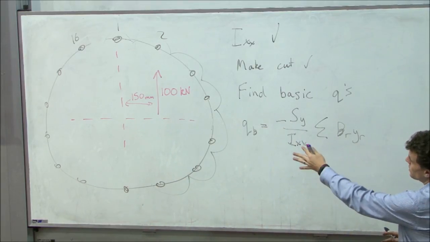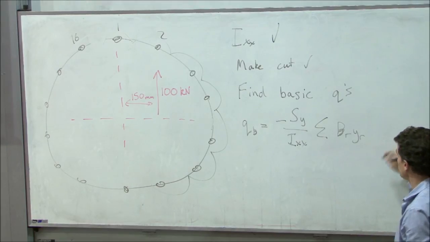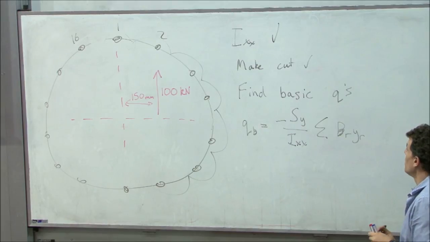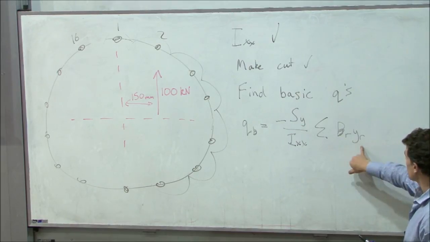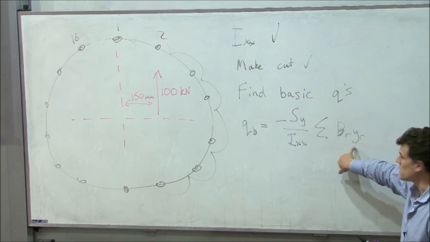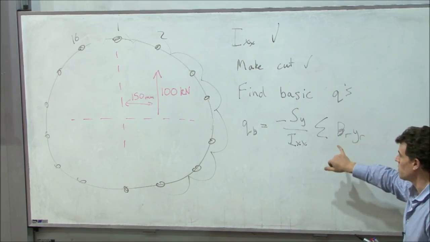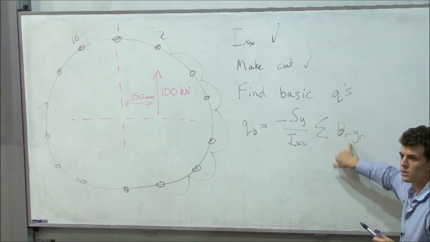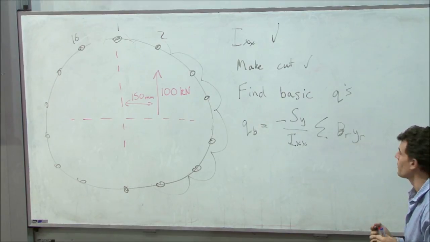Okay. So this is an identical problem to, say, the C-beam we did earlier. It's just got more steps in it. And you've already got your B's and Y's in your table. So you can just have another column in your table to calculate all these terms here.